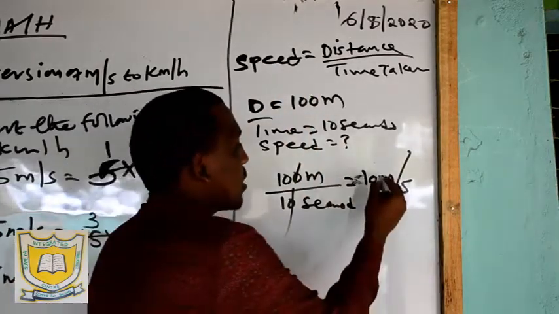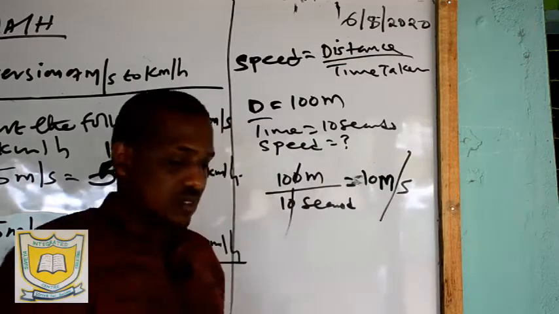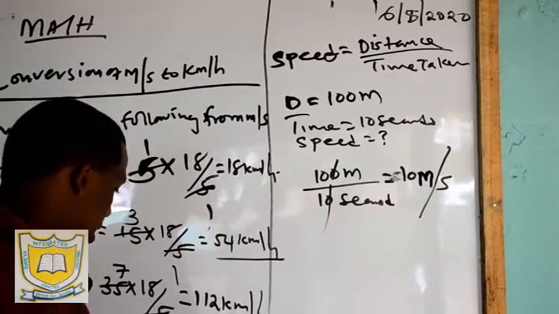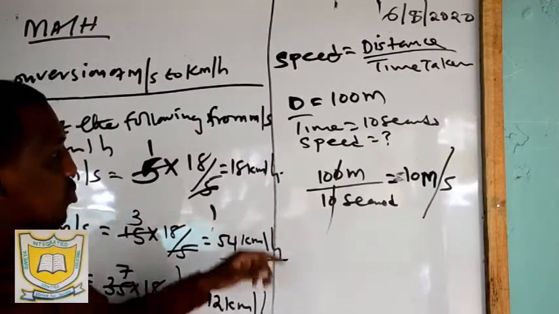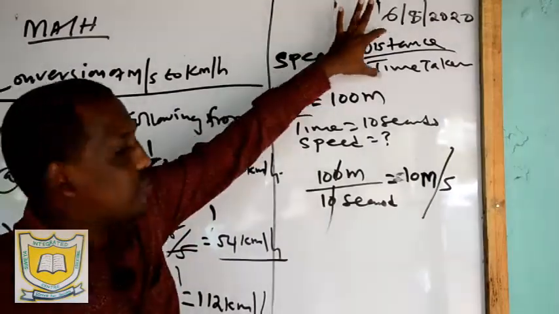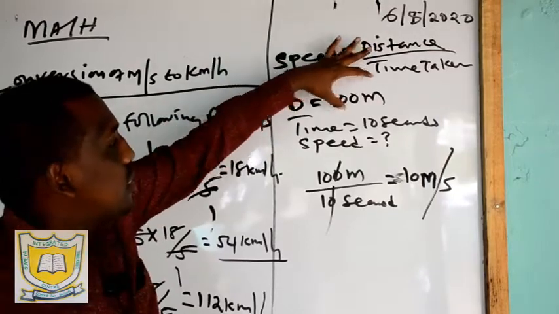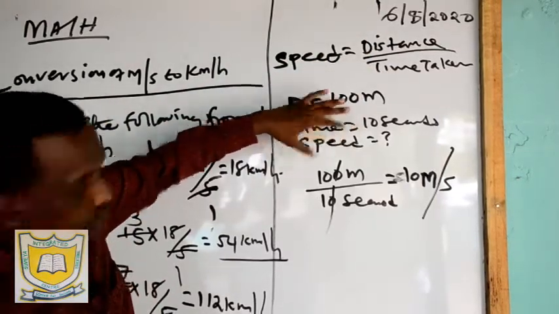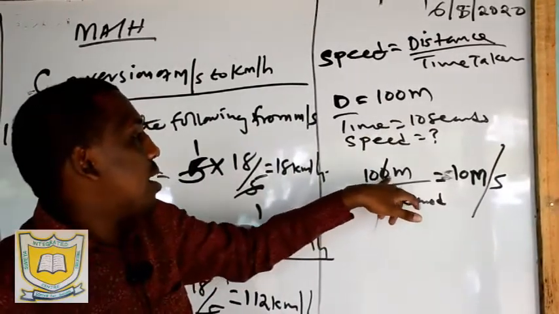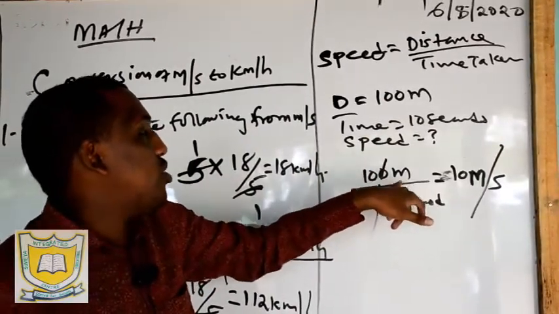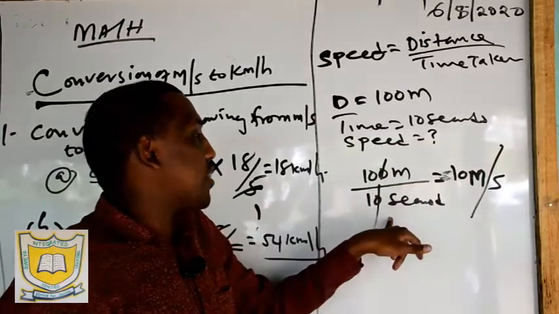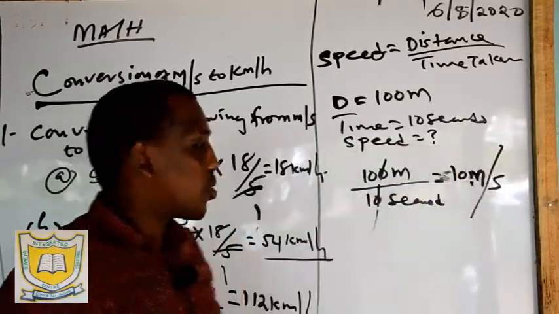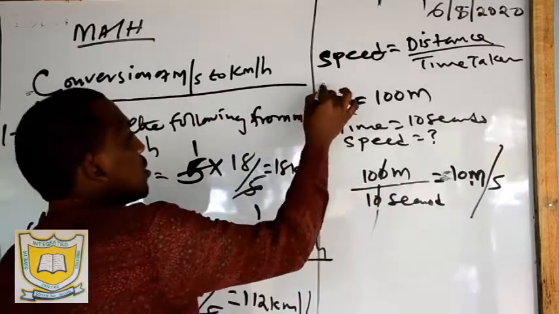That's how we get it. So speed is equal to distance over time taken. Distance is 100 meters, the time is 10 seconds. Speed is equal to 100 over 10, cancel, 10 meters per second. That's how we answer question A.